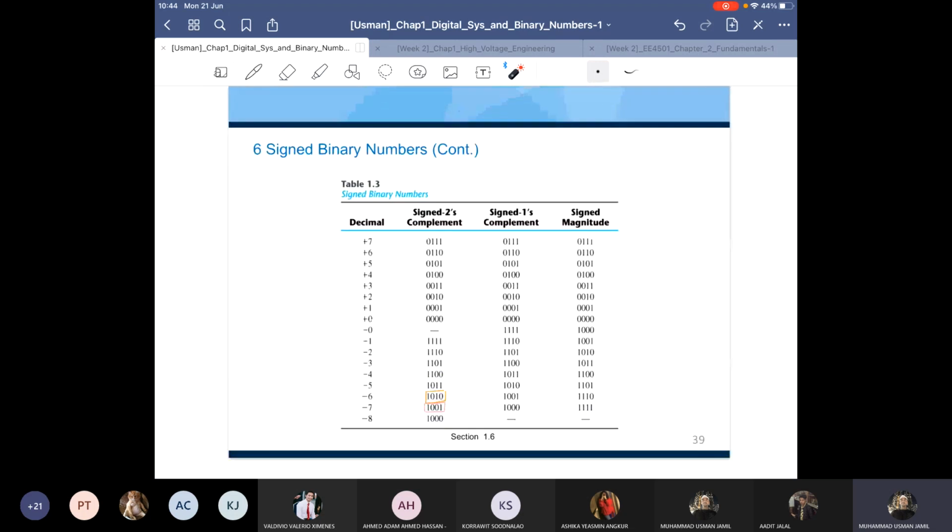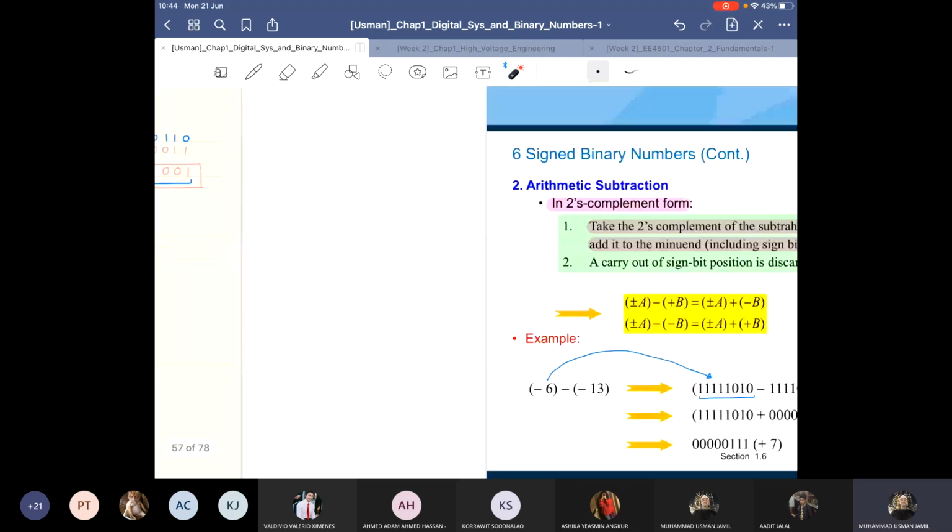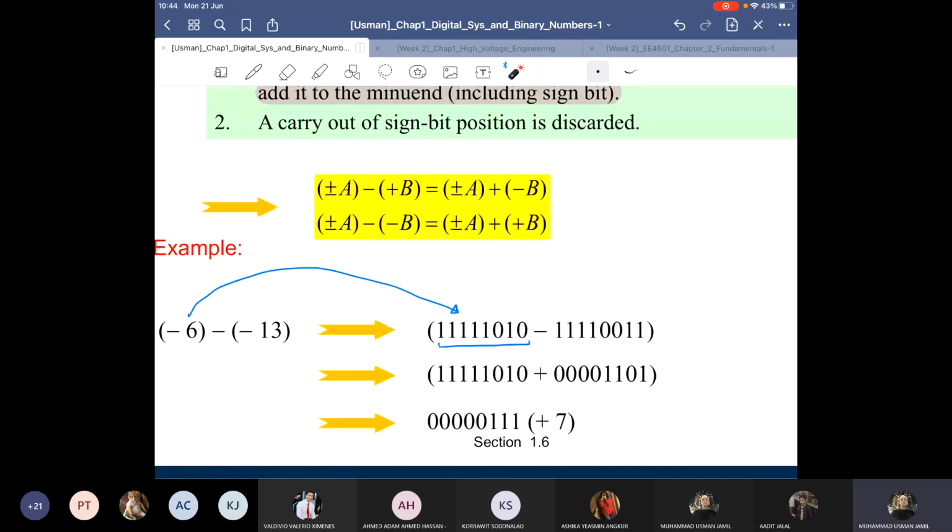This 1010 is equivalent to -6. Now for -13, this one is for -13.